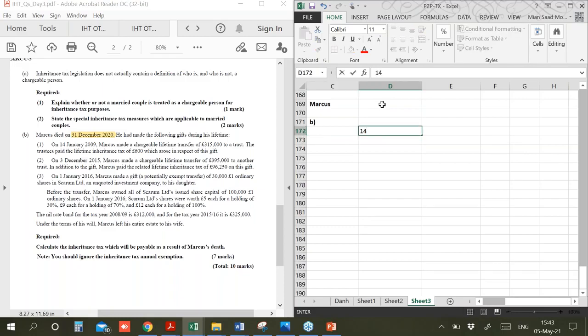So, the first one is 14 January 2009. Again, I'll tell the examiner that it is exempt. Why? 7 years past.